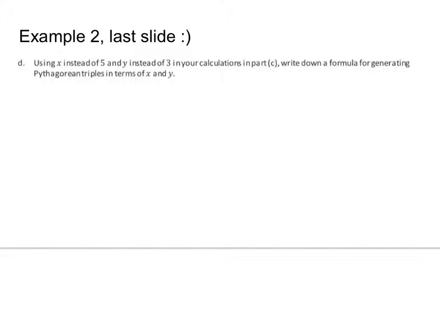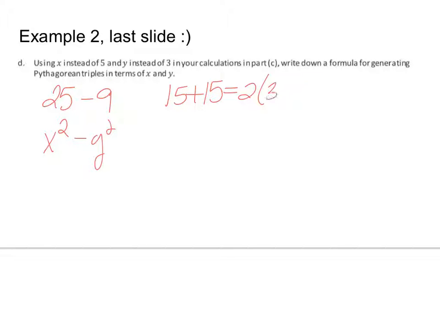Okay, using x instead of 5 and y instead of 3 in your calculations in part C, write down a formula for generating the Pythagorean triples in terms of x and y. The first calculation I had was 25 minus 9, and that gives me x squared minus y squared. The second calculation I had was 15 plus 15 equals 2 times 3 times 5, which gives me 2xy. And I don't need parentheses around that.